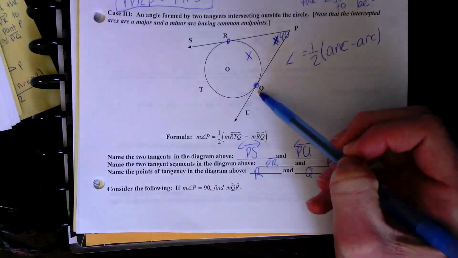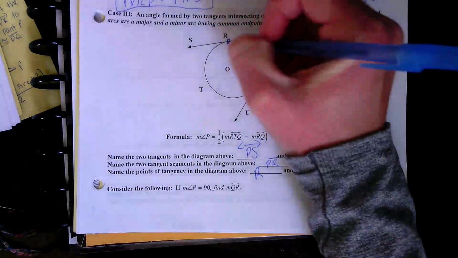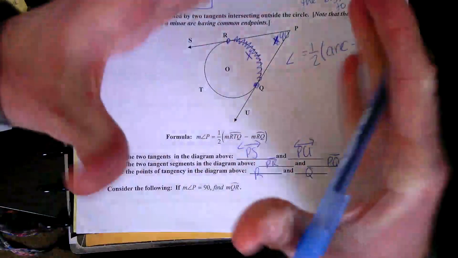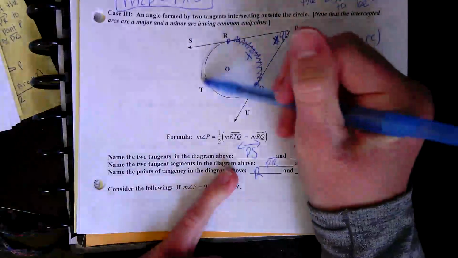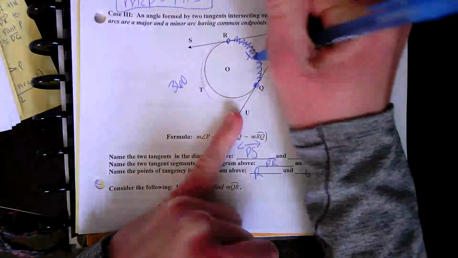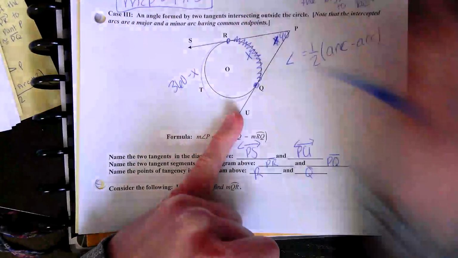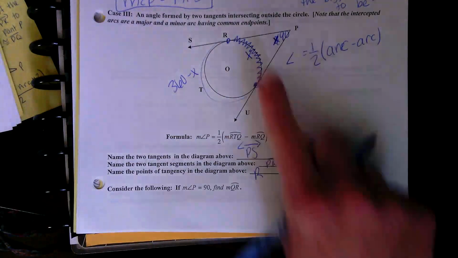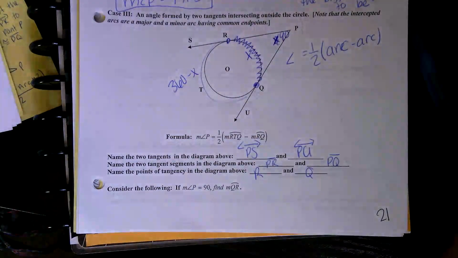But since, like I said, all of the circle is being included in between these two rays, the measure of arc RTQ is going to be equal to 360 minus the measure of this arc, okay?